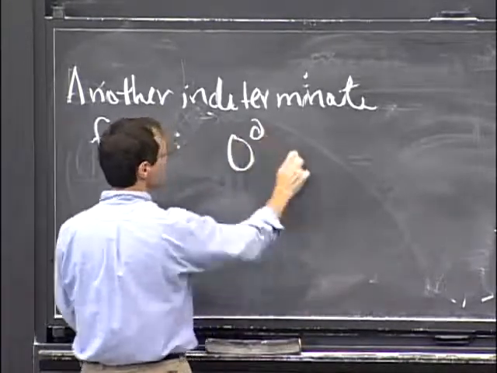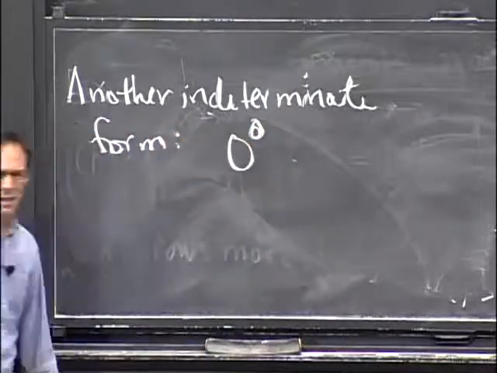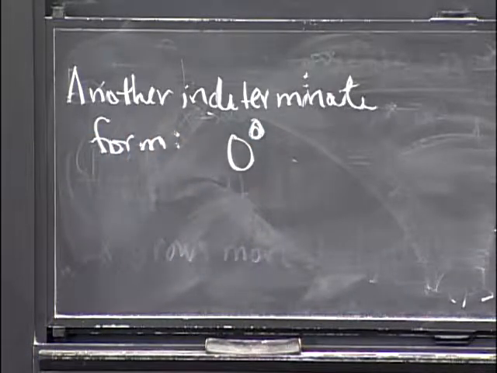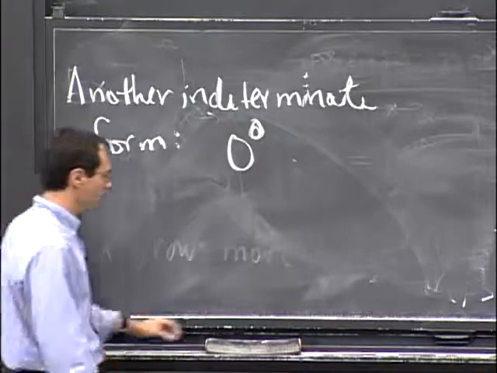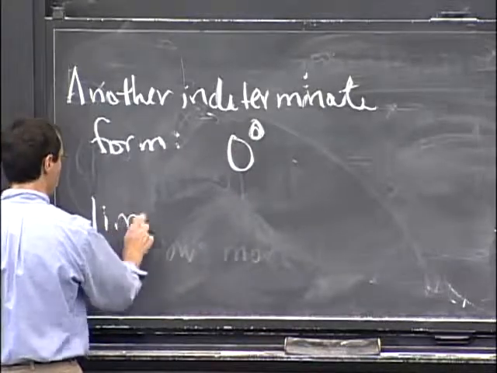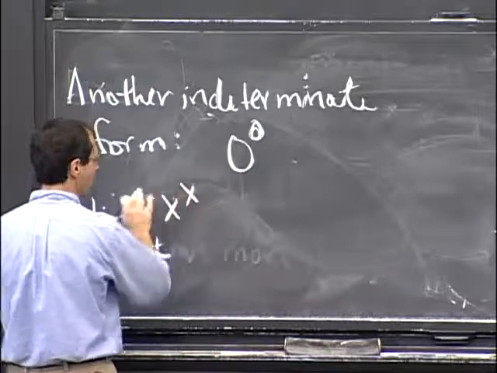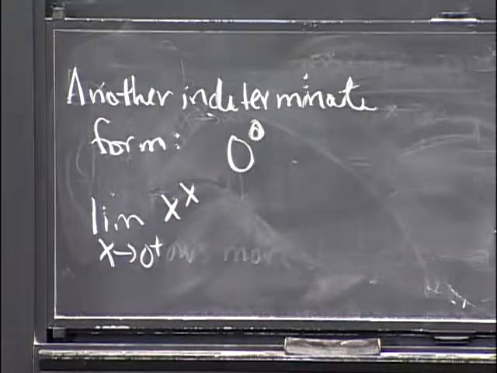That's going to be 0 to the 0 power. So, I mean, there are lots of these things where you just don't know what to do, and they come out in various different ways. The simplest example of this is the limit as x goes to 0 from above of x to the x. All right?